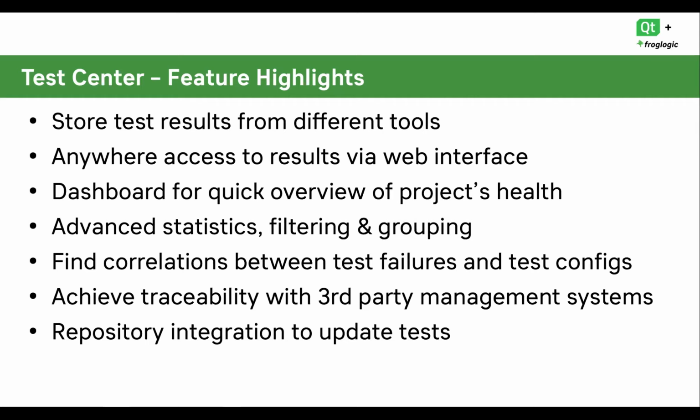You can correlate test failures to test configurations. You get traceability with all kinds of third-party systems. And one of the latest features we added is the integration of repositories. So you can actually not only view test results anymore, but also update tests after test failures, for example, with changes done directly through the Test Center interface.